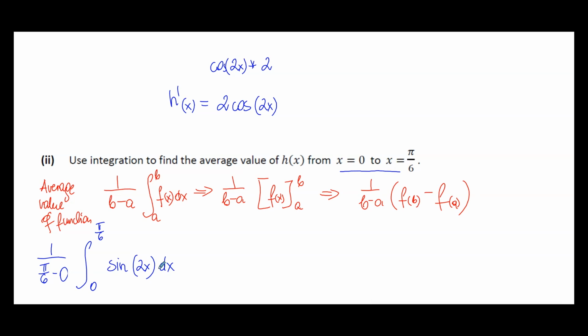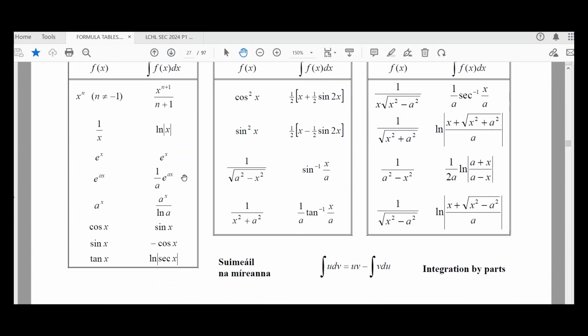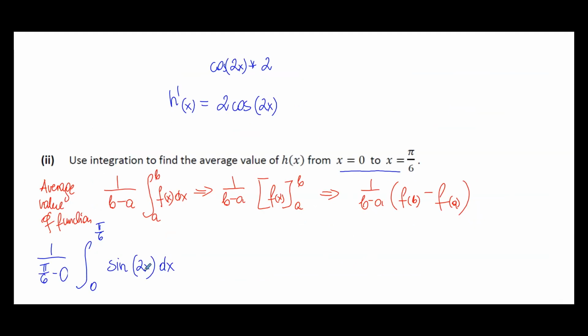So again, how do we do that? Well, we are applying a formula here. Again, the problem is that in your table, when it comes to the formulas that have to do with integration, we have sin of x becoming minus cos of x, but we know we have more than just x. What happens with this a here?